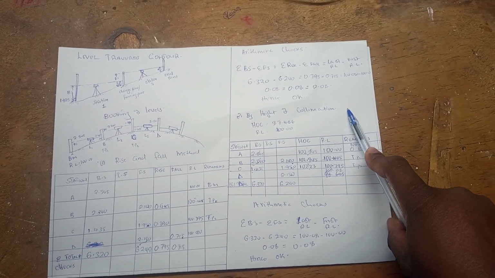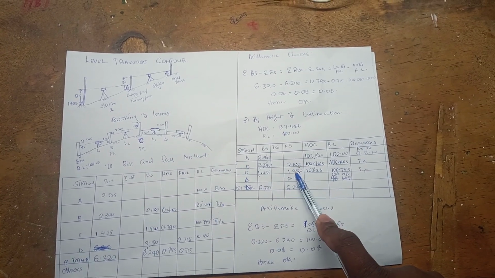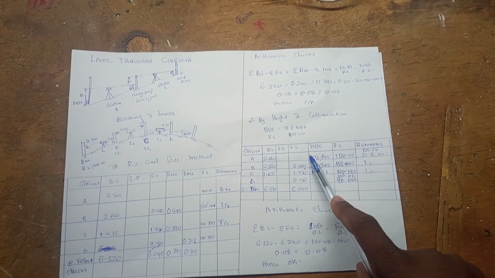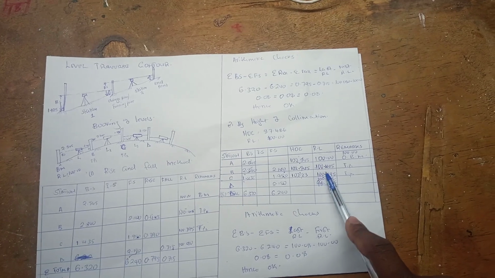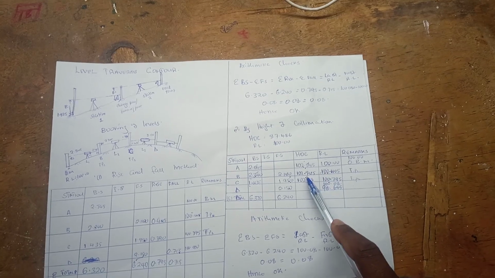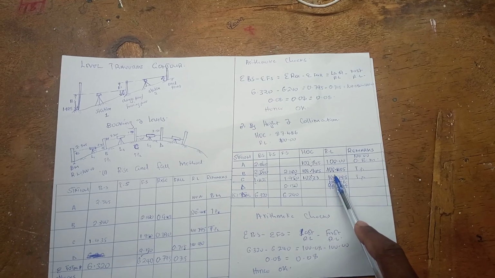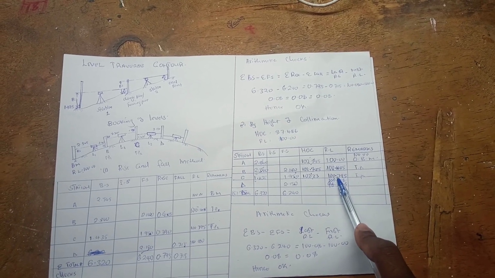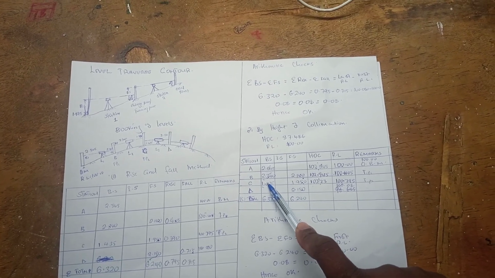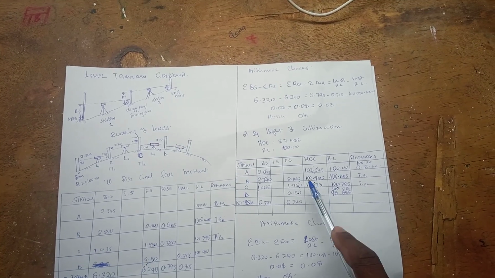That is, you subtract the foresight from the height of collimation at point B to get the reduced level at point C. Now for you to get the height of collimation at point C, you add the backsight to the reduced level.